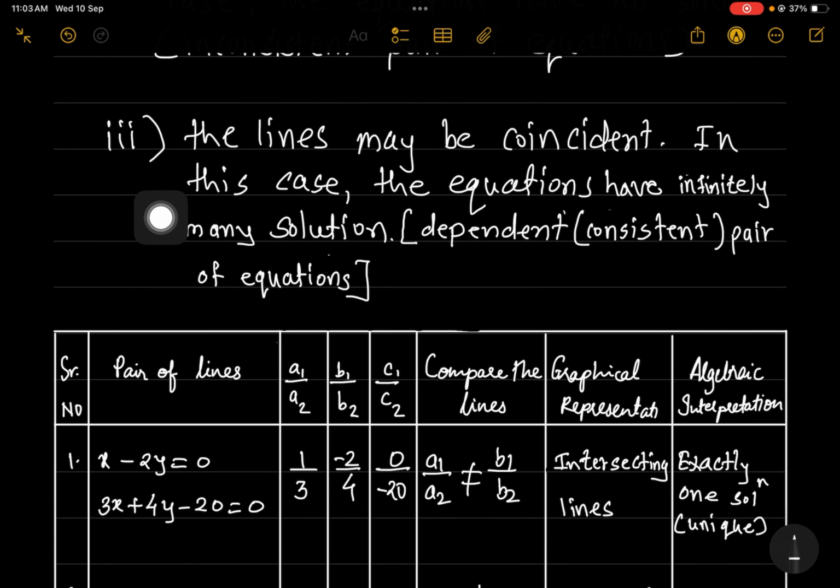Now see the third point: the lines may be coincident. In this case, the equations have infinitely many solutions, which means it is a dependent, consistent pair of equations.